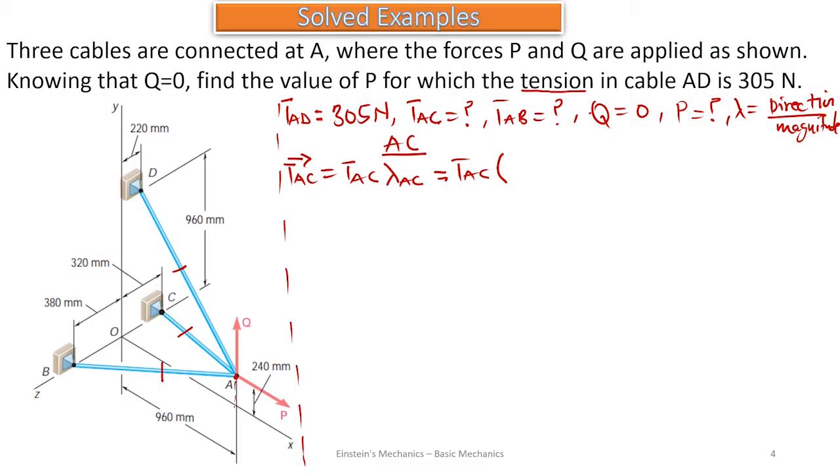To move to C, first I have to move a certain 960 millimeters to the point O, which is against the axis because we are moving in this direction and it is against the axis. So that's going to be negative 960 i, that is on the x. Once I get here, I have to go up by a certain amount before I can get here. Are we okay? And now let's try and see.